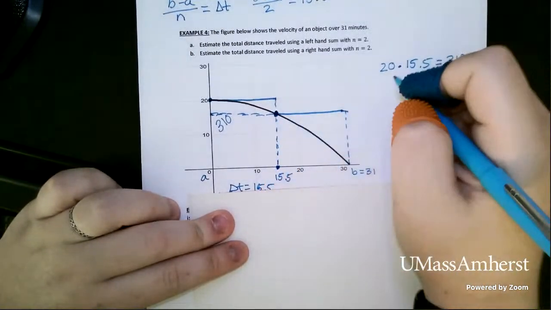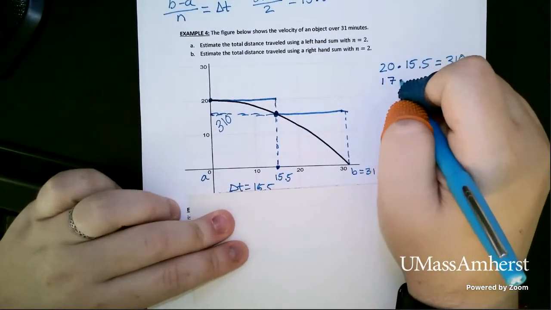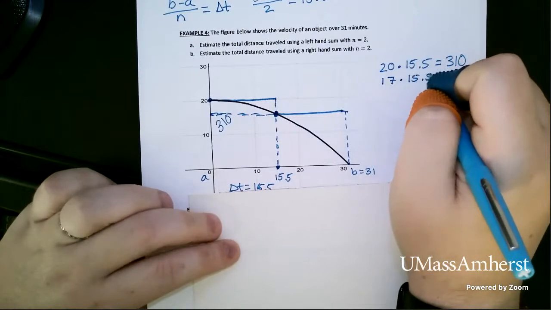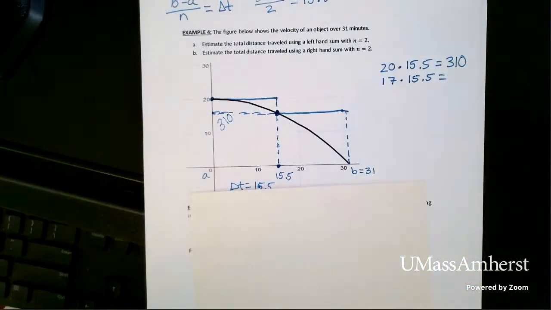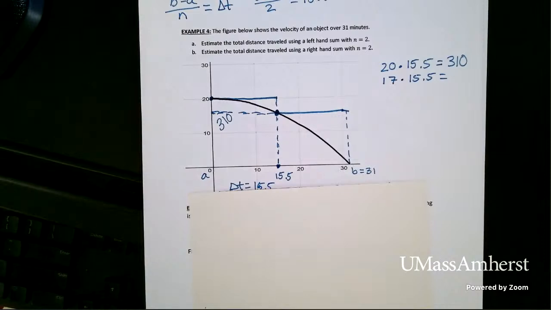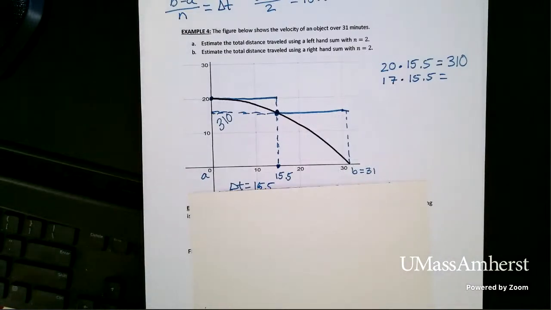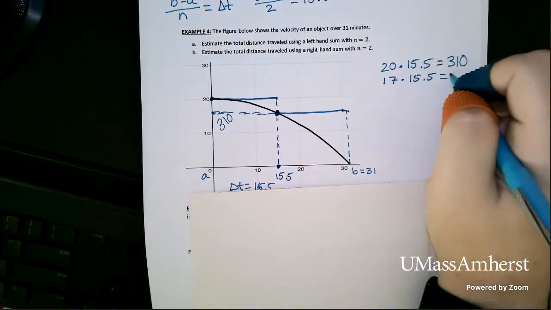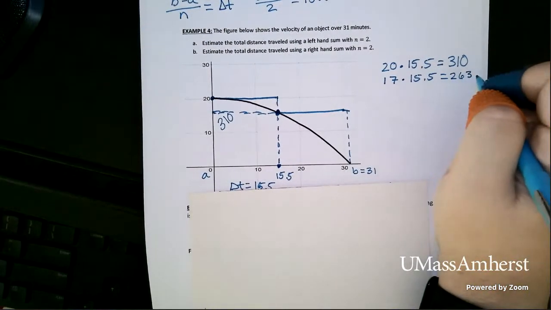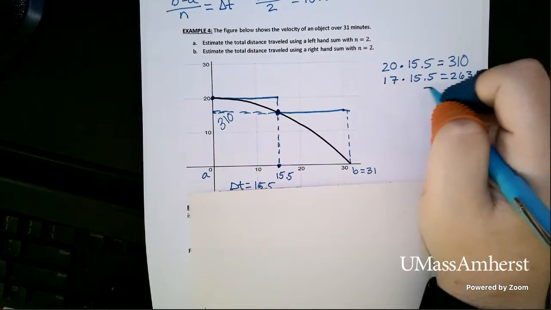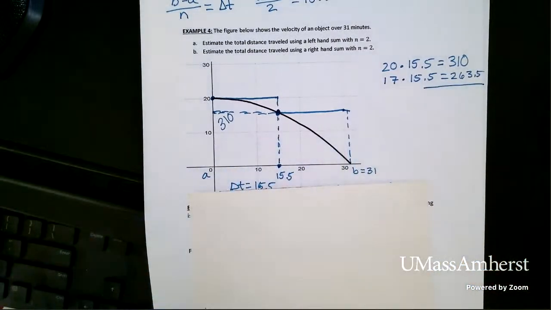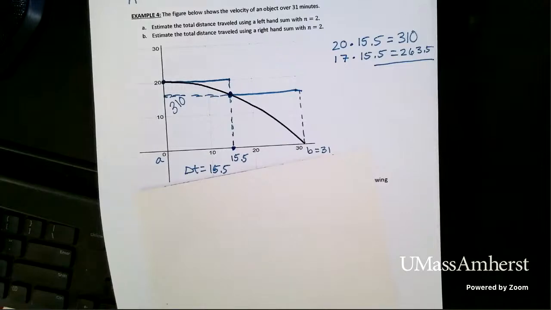So this height, 17 times my width of 15.5. So that's my second rectangle. So 17 times 15.5 is going to give me 263.5. And I'm going to add those together to get my left-hand approximation, right?